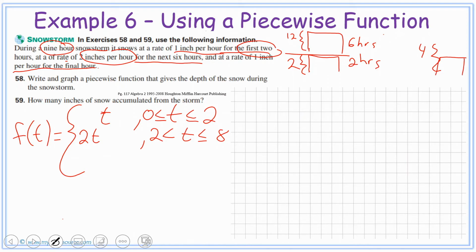And so I'm going to have to subtract 2 in order to make this work out correctly. So for instance, the first 2 hours, if we wrote this on the side, I have 2. Now if I substitute the 2 in there, I have 2 times 2 is 4, and 4 subtract 2 is 2. I actually have 2 inches in the first hour, and then 2 inches in the second. So that's the only way I can get the accurate reading of 2 is by subtracting 2 from that.